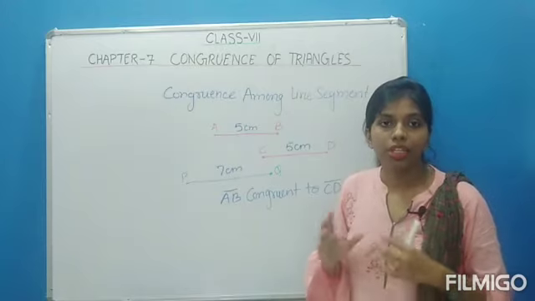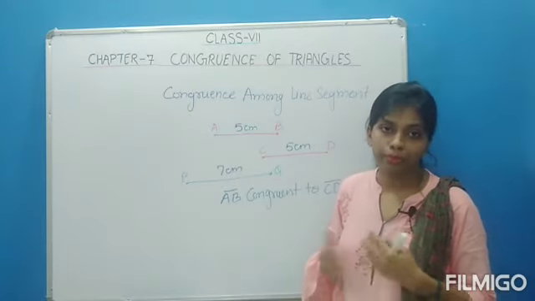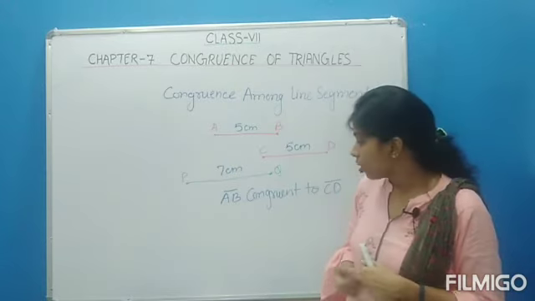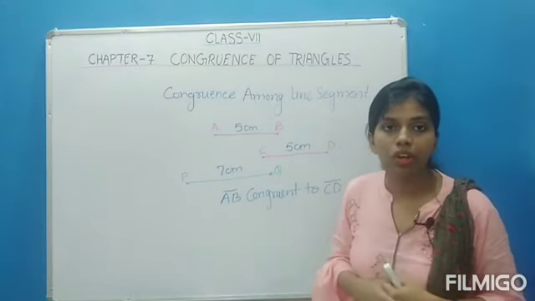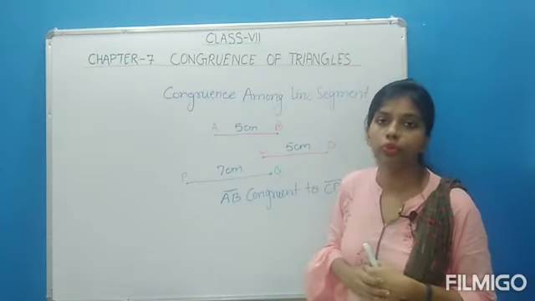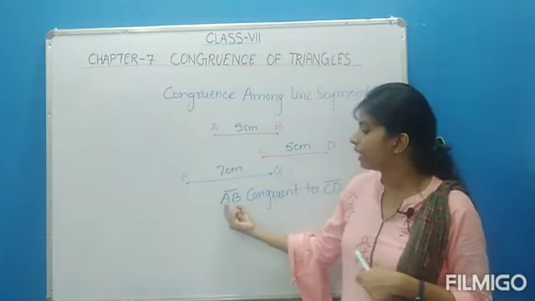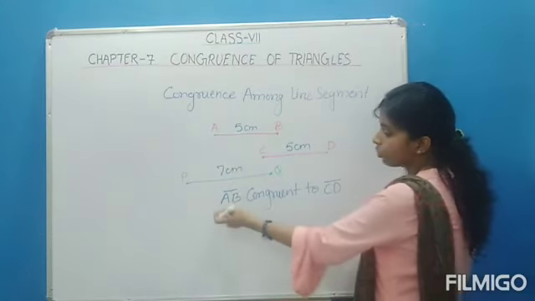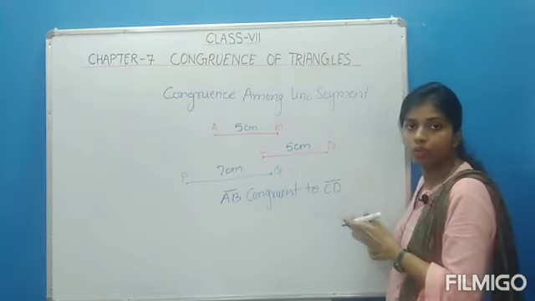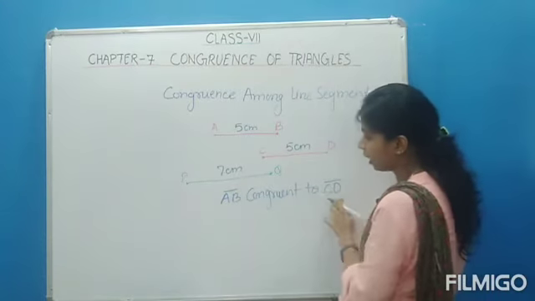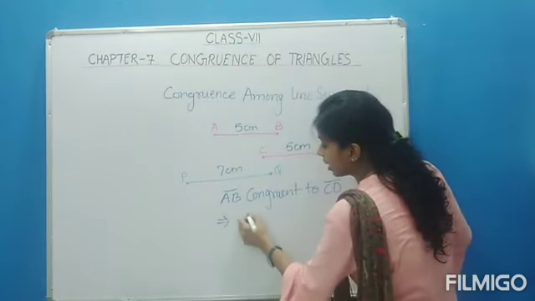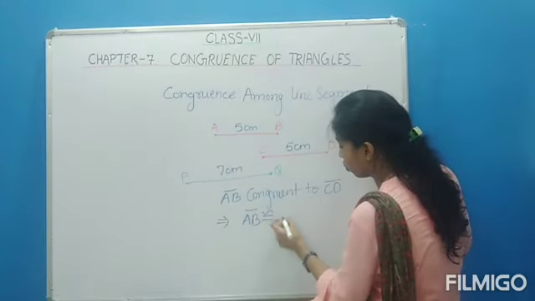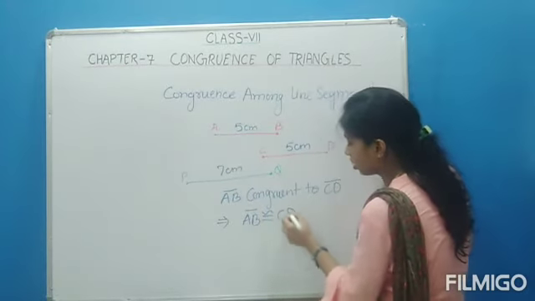So what is necessary for two line segments to be congruent? Their lengths must be equal. We have a symbolic way to represent the word congruent. If we want to write line segment AB is congruent to line segment CD, we don't need to write it in words. We can write: line segment AB is congruent to line segment CD.